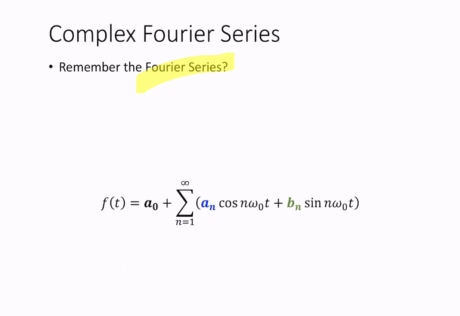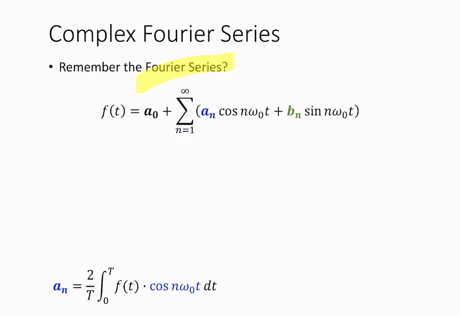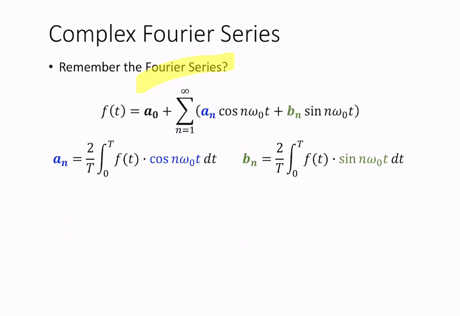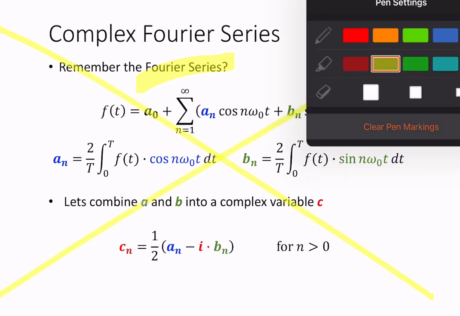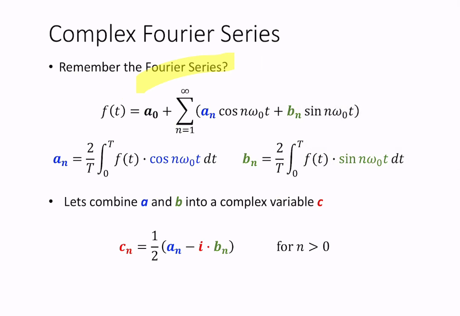So, remember the Fourier series? Of course you do. We'd find A_n, B_n. And now I'm going to do a little bit of mathematics, but you don't need to worry about this, okay? So this is not important except to introduce the notation for the Fourier transform, which I'm about to show you.